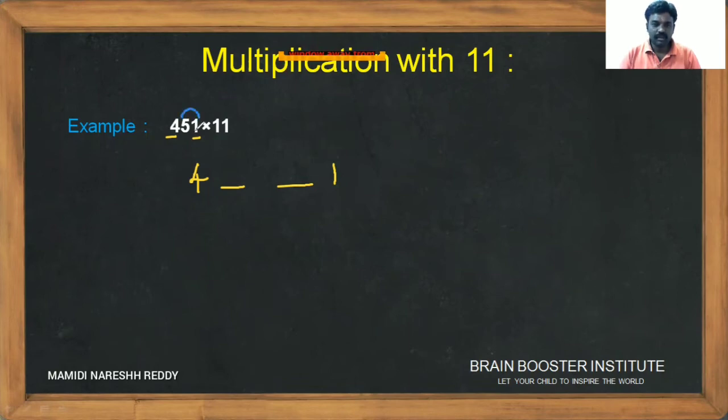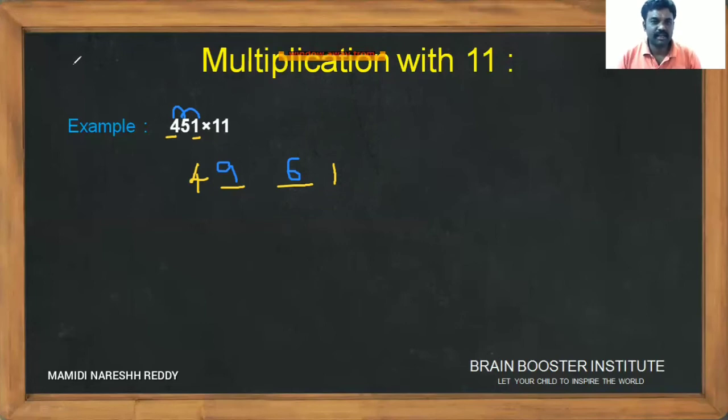Got the point? 5 plus 1 is nothing but 6, and I am writing it in the tens place. Next I am adding 4 plus 5. Then what do you get? 9. And the final answer is 4961. Got it? This is the easiest way we can multiply with 11. It's a beautiful multiplication which we are learning now.